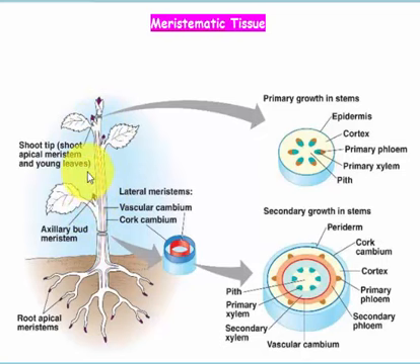Each apical meristem will produce embryo leaves and buds, as well as three types of primary meristems: protoderm, procambium, and ground meristem. Protoderm develops into the epidermis.